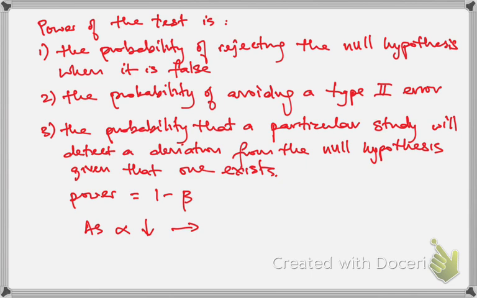As alpha decreases, as your significance level decreases, your beta actually increases. And if you look at the formula above, if power equals 1 minus beta, as beta increases, your power actually decreases.